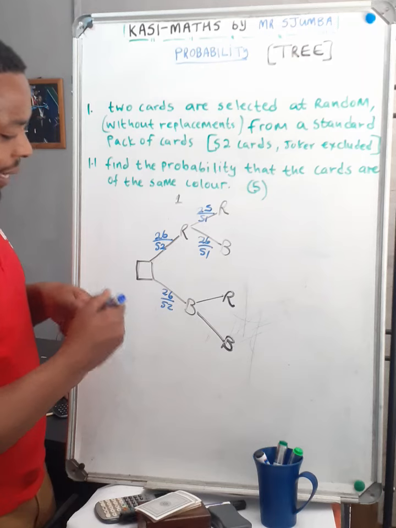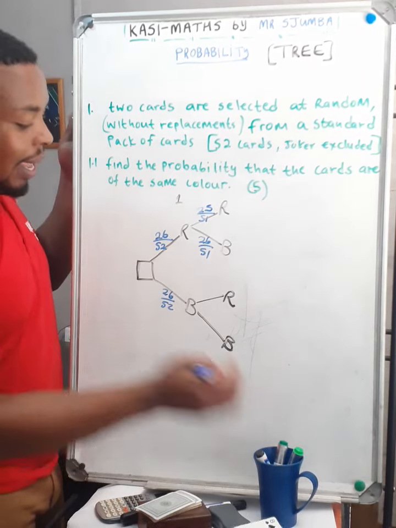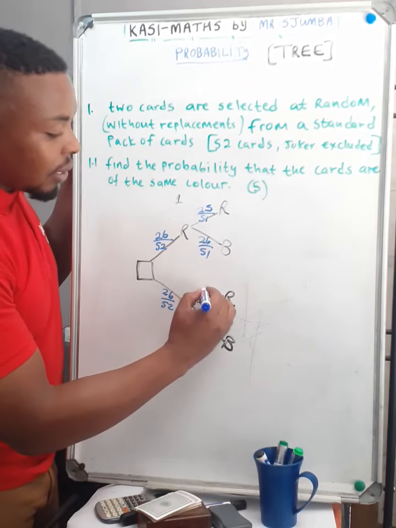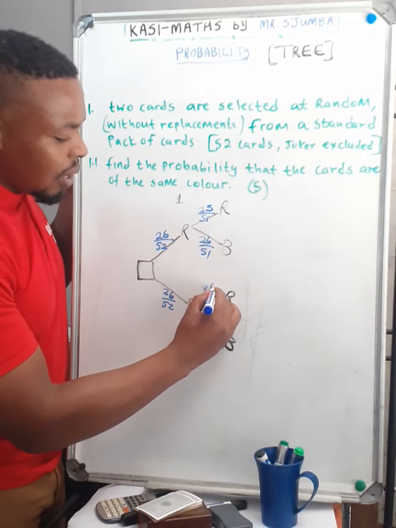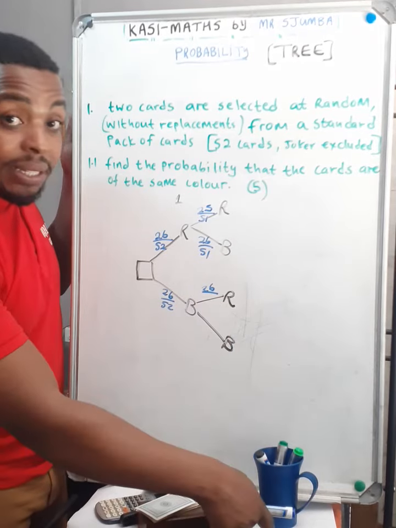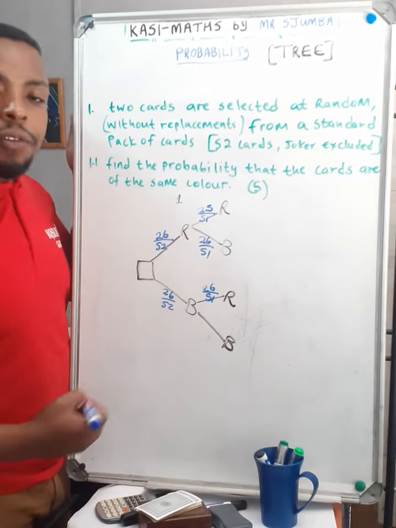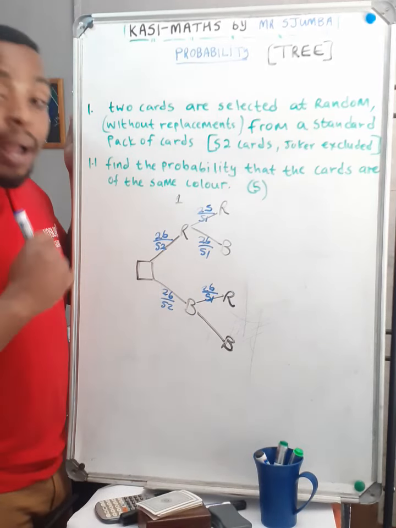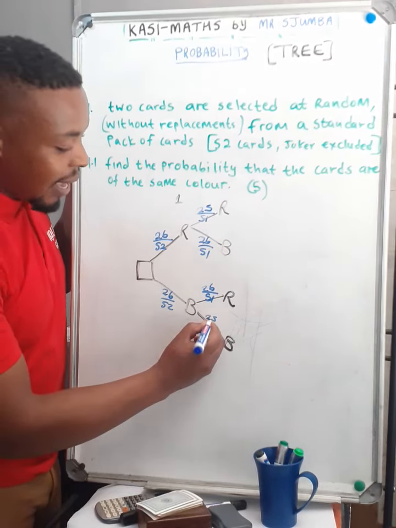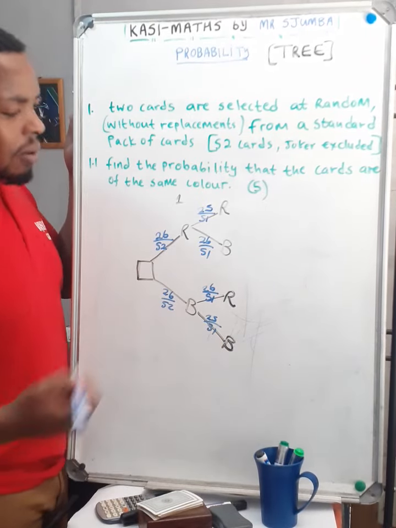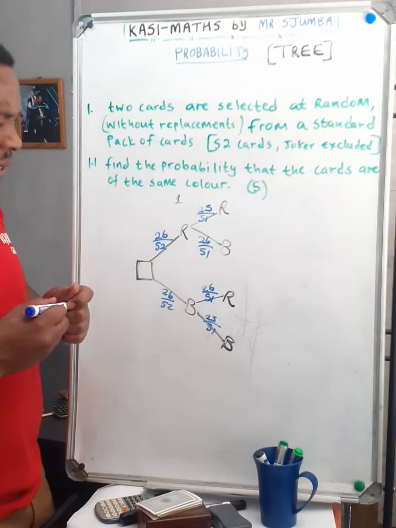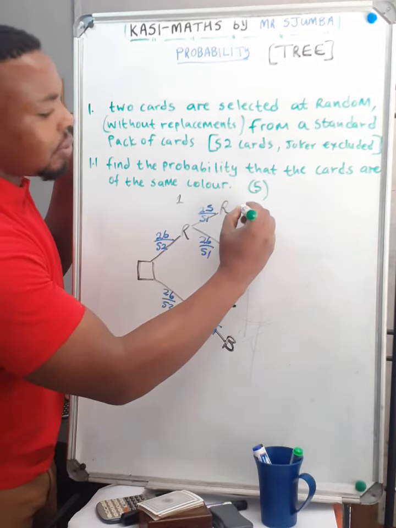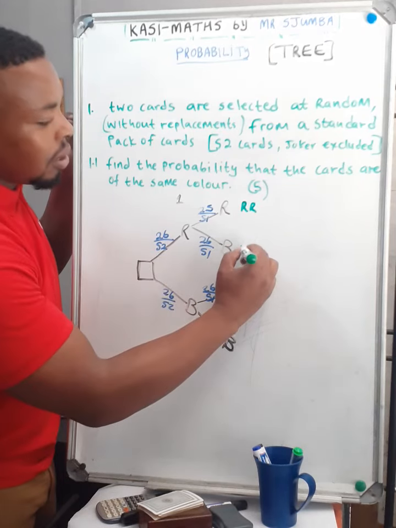Since I have drawn one, the chances of getting red are 26, but the cards are now 51. The chances of getting black are 25, out of 51.